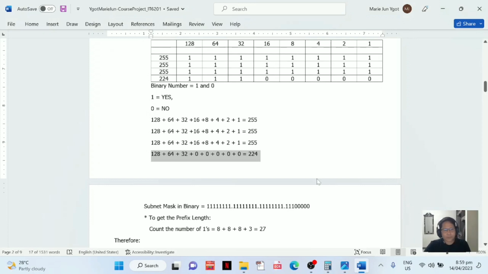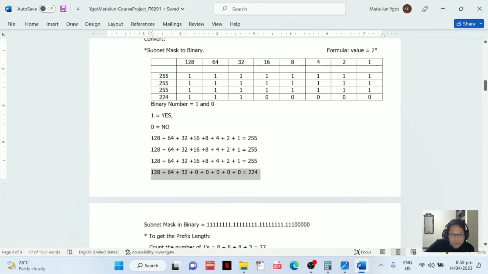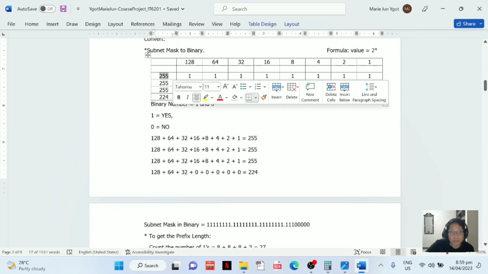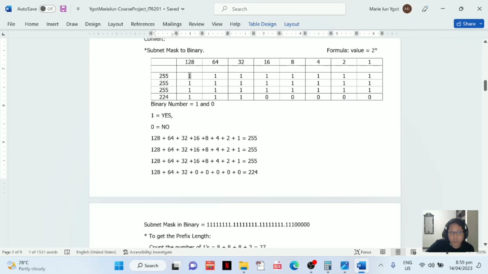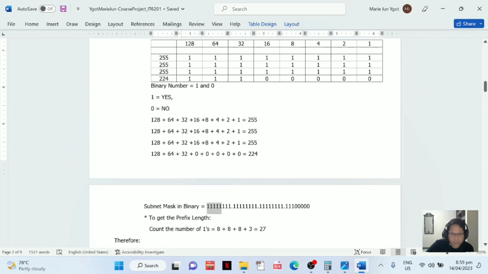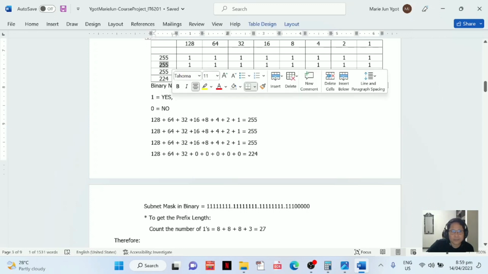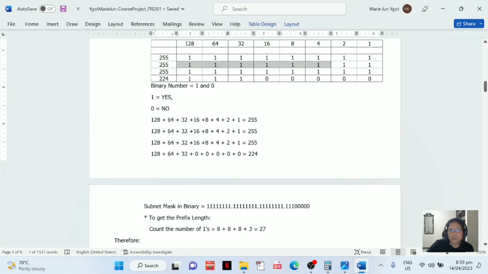So again, in order to get the subnet mask in binary, we are going to count the number of ones in the first octet here. So we have 1, 2, 3, 4, 5, 6, 7, 8 ones. In the second octet, we also have 8, so same thing.